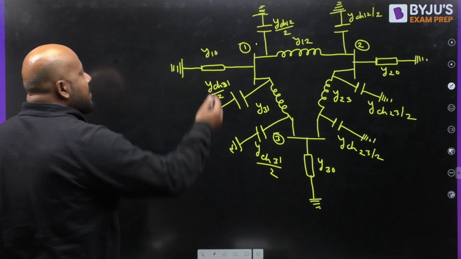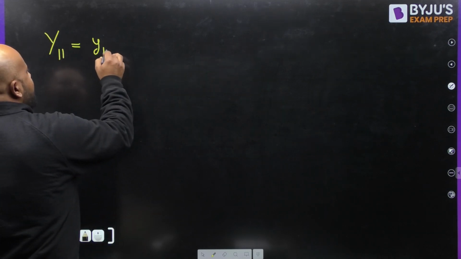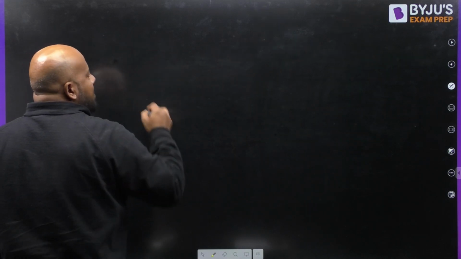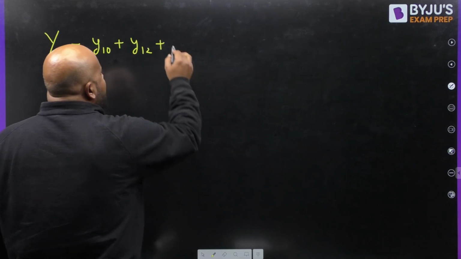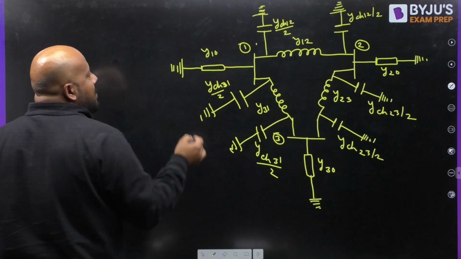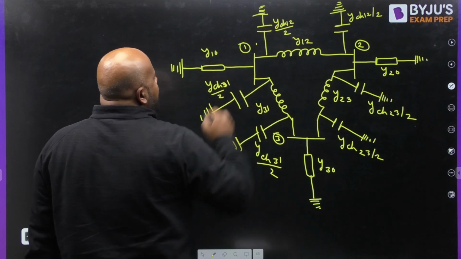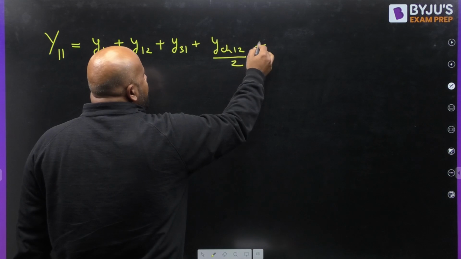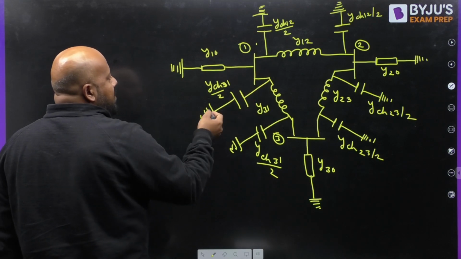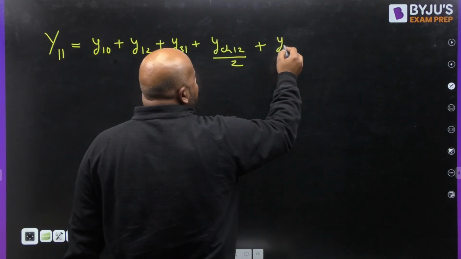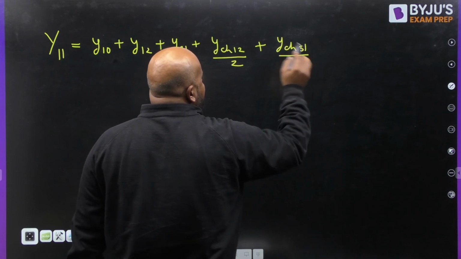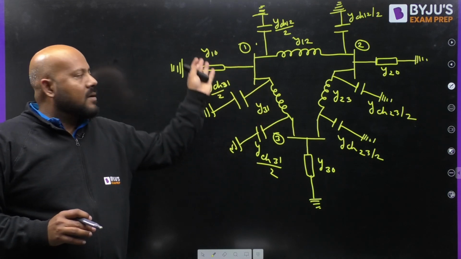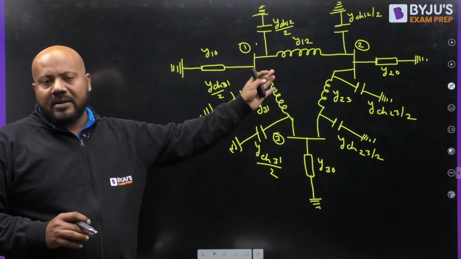So just add up Y10 plus Y12 plus Y31 plus Y charging 1 2 divided by 2 plus Y charging 3 1 divided by 2.